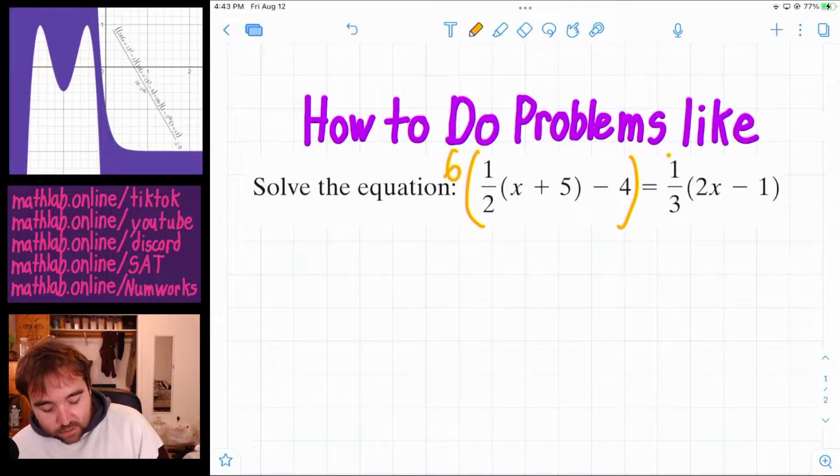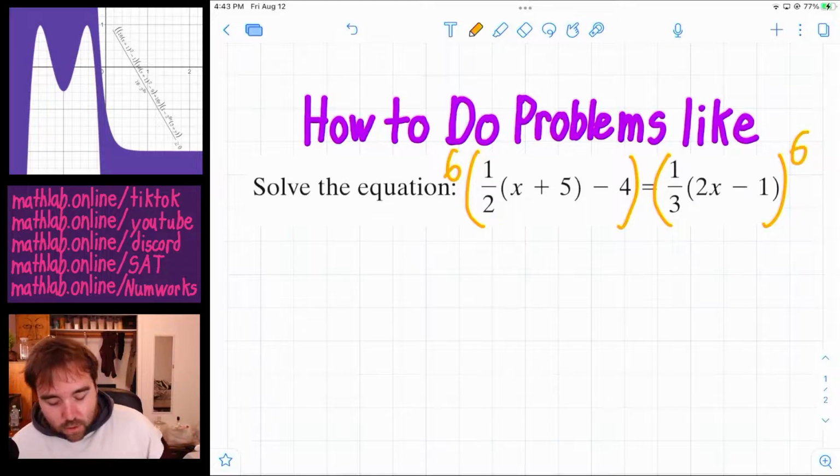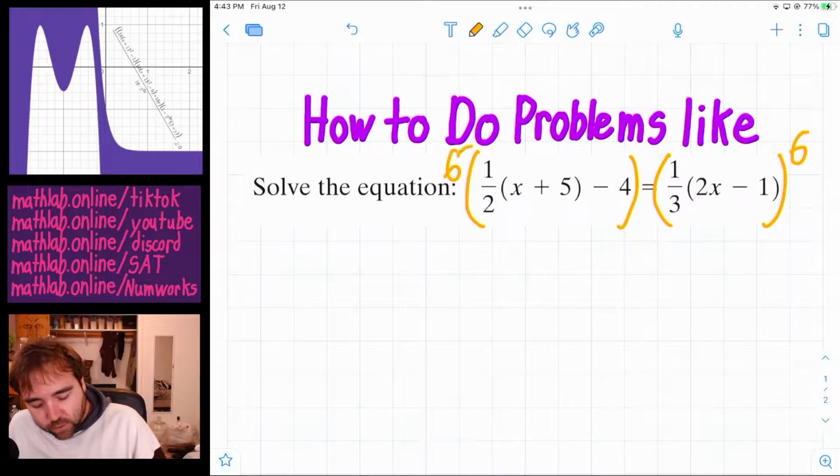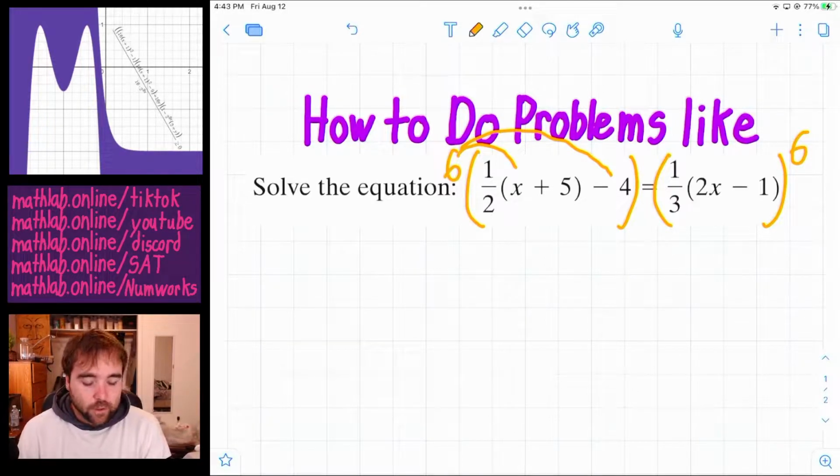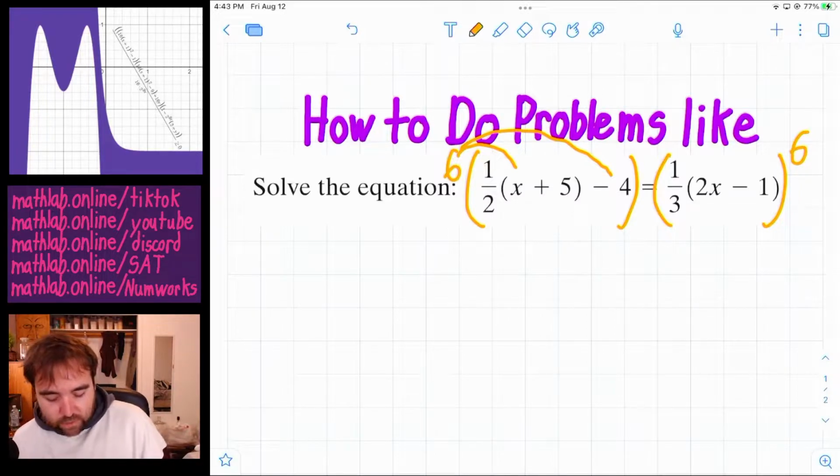And this is the key thing to remember when we do this, is that look how it's multiplying everything by 6. So we're multiplying this part here by 6, but also this -4 by 6. And so let's do that. So we're going to do just 6 times 1/2 to be 3 times x plus 5.